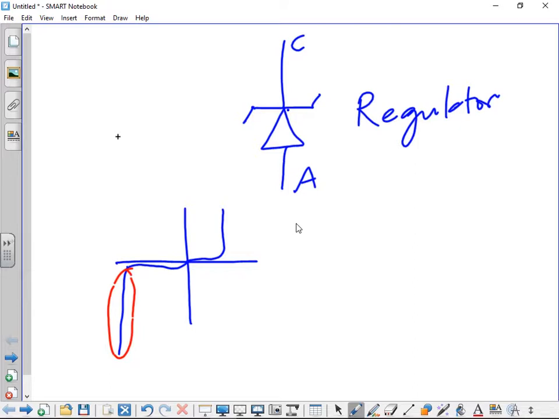What is of importance is that the current there must be a certain minimum and a certain maximum for a Zener to operate properly. And which are those currents? We have here what we call IZK. And a little bit down here we have what we call IZM.